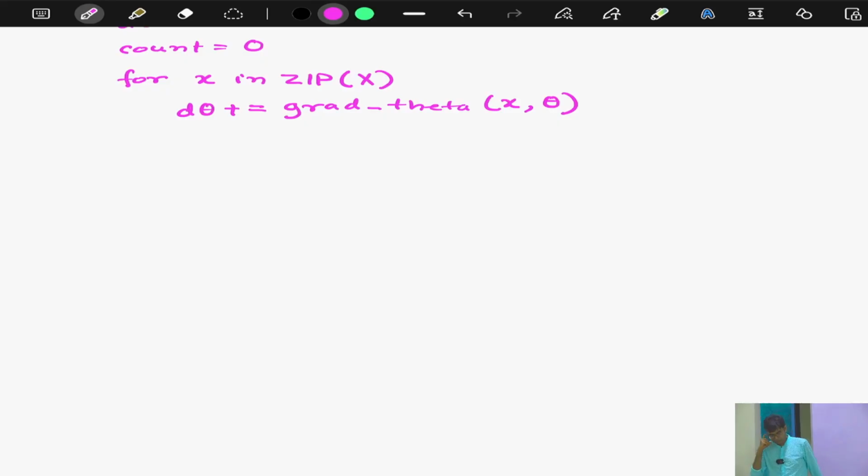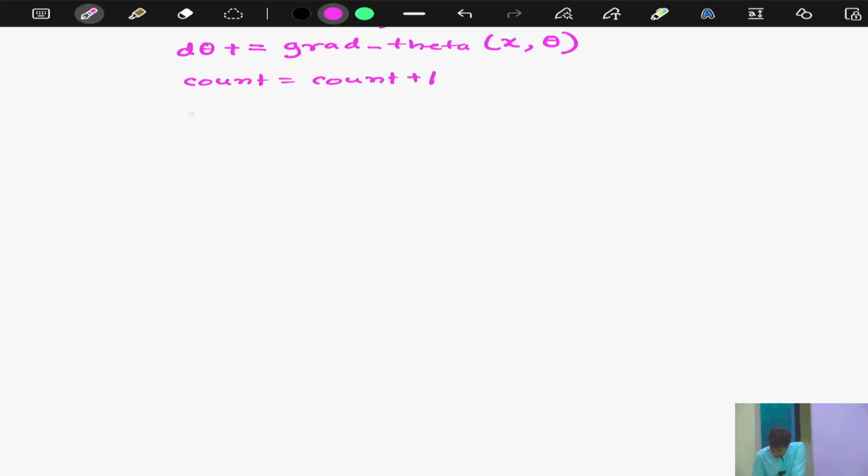Okay, so calculate this, and one more thing you do, because you have to track the mini batch size, so you also update your counter. So count is equal to count plus 1, and now you can check that. If count modulo batch size is equal to 0, then you go ahead and update.